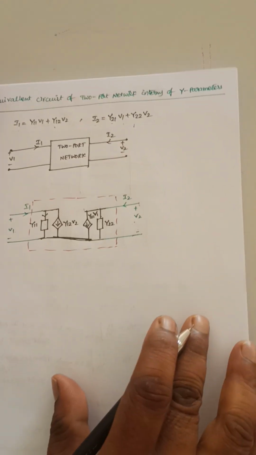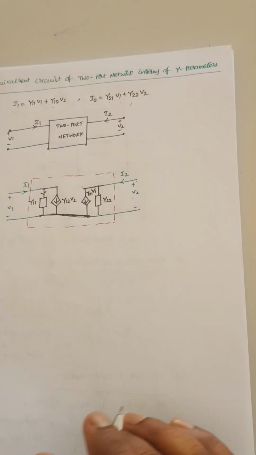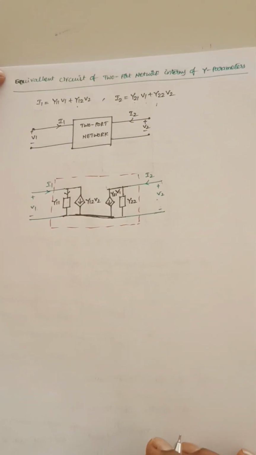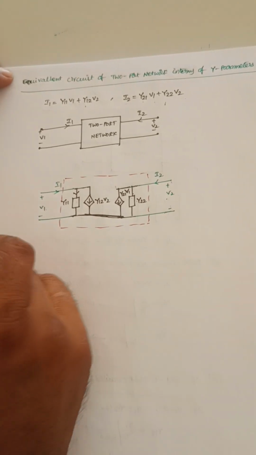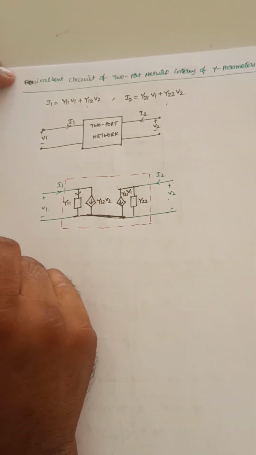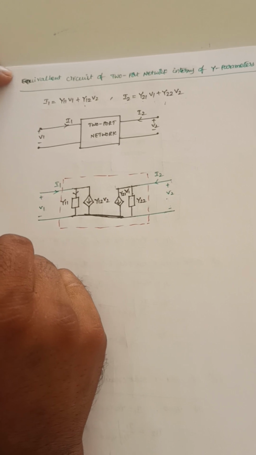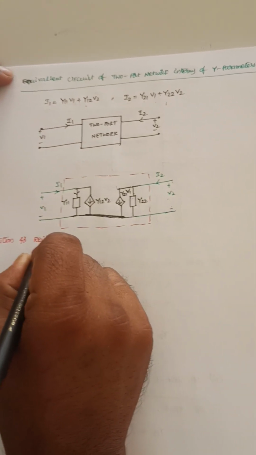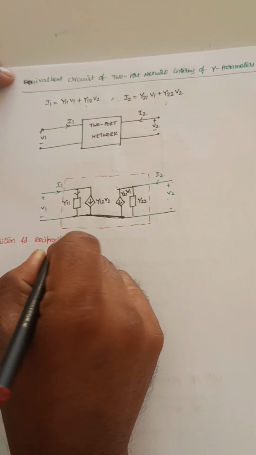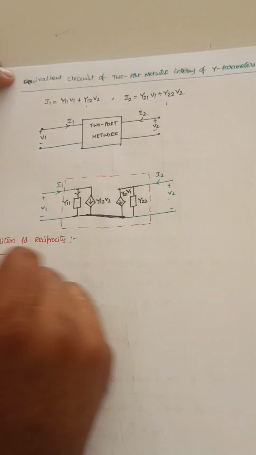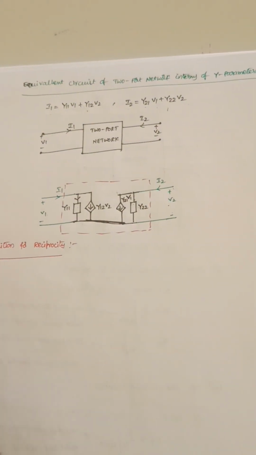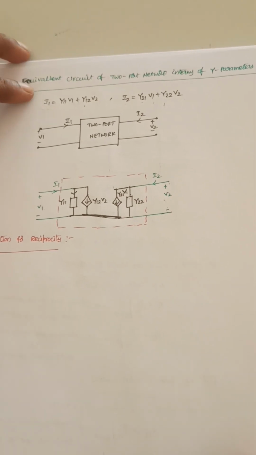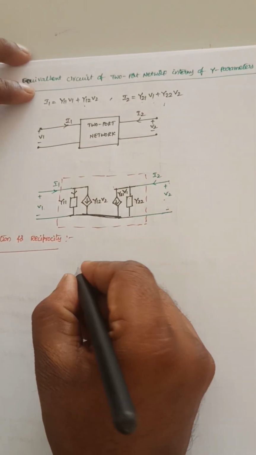Now let me derive the condition for reciprocity in terms of Y parameters. So let me draw the two-port network here.